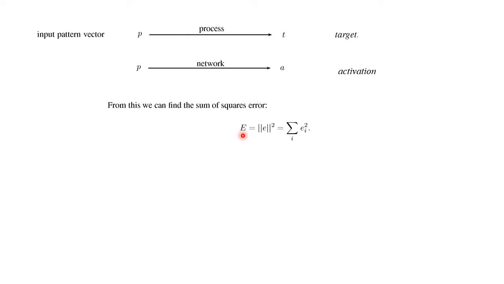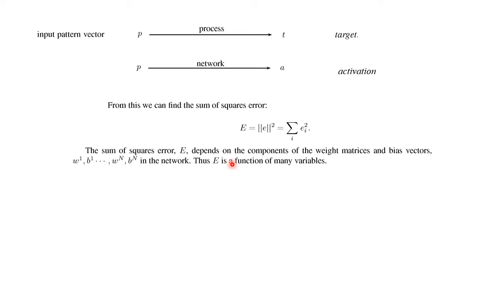So for a given input pattern, we want the activation to be as close as possible to the target. And that means we're going to try and minimize the sum of squares errors. Each e_i will be t_i minus a_i, the ith components. And that means that this error is going to be a function of all of the components of the weights and the biases within the network.